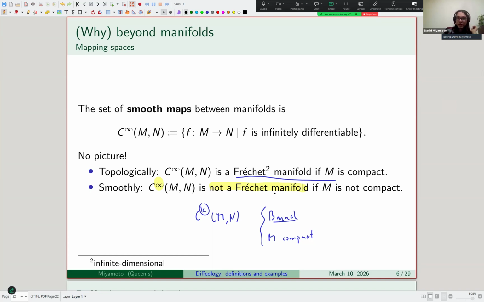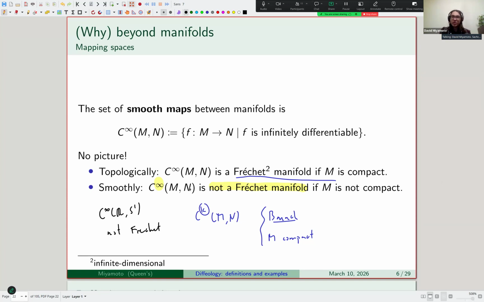For example, this failure to be Frechet. So for example, already this thing is already not naturally Frechet. What could make N easier is if you're looking at sections of a vector bundle or something.